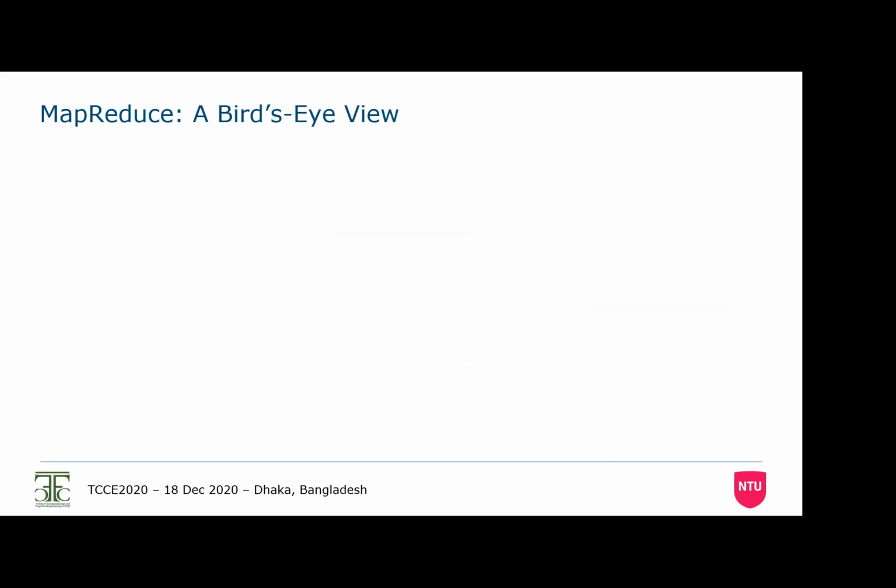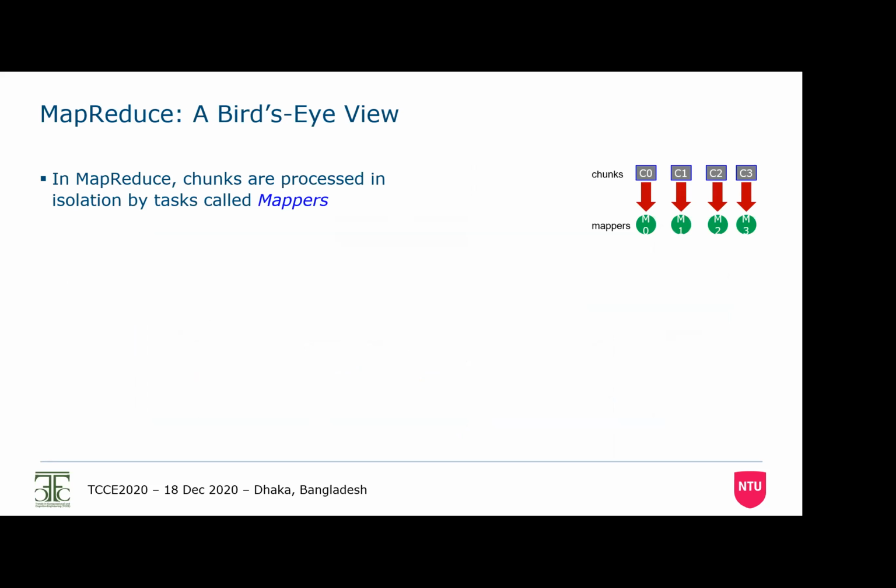So what is MapReduce? MapReduce is actually a programming paradigm where we have mainly two different processes. One is called the mapping process, so that is why it comes as map. And the other one is called the reducing process. Think of it this way: we have these Cs, and these Cs are the data.